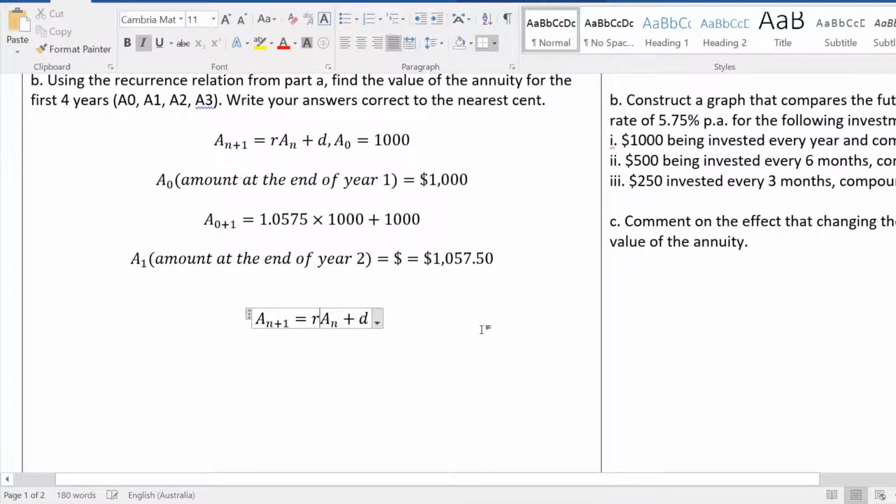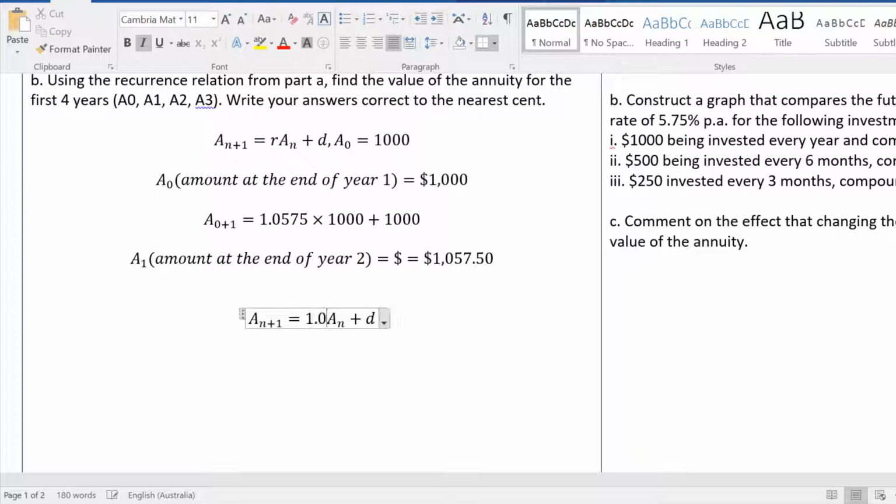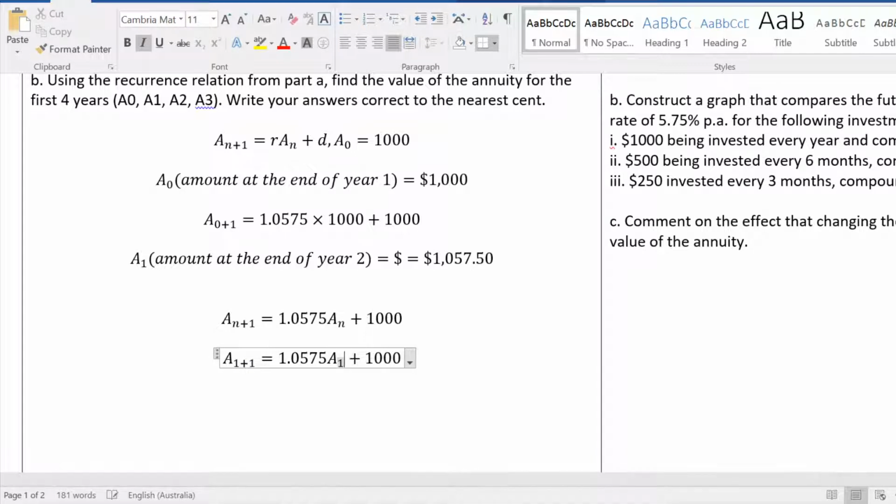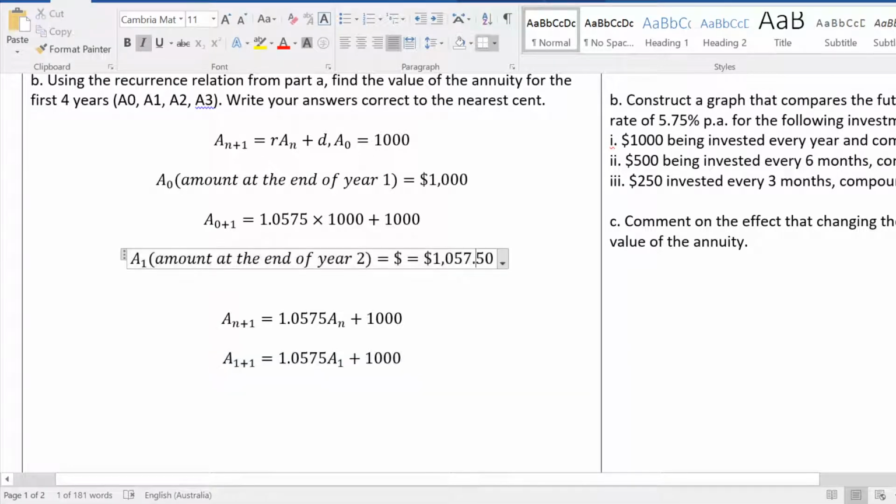So here's our recurrence relation, I'll just fill in the blanks: A_n plus 1,000. We've just worked out A0 plus 1, so we can go A1 plus 1, and now the n here will be 1. I just realized I didn't add the $1,000 to that. That should be $2,057.50, sorry.